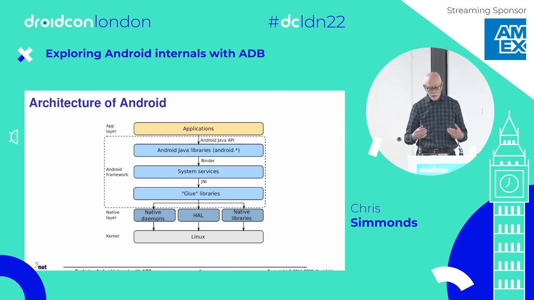So it contains a lot of daemons, especially the init daemon, which starts everything off. The hardware abstraction layer, the HAL, which is also a bunch of daemons, and a bunch of libraries. And then these, in turn, are calling down to the layer below that, which is Linux. So everything eventually ends up with Linux, because Linux is the thing which makes things work.